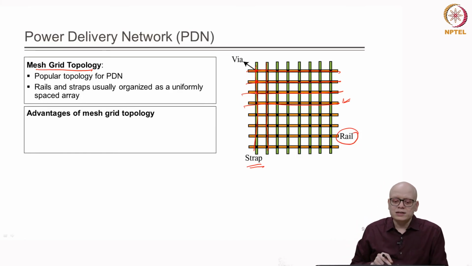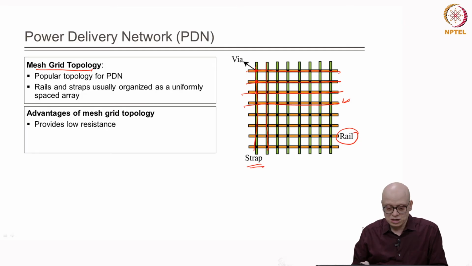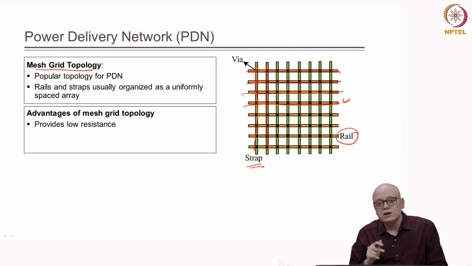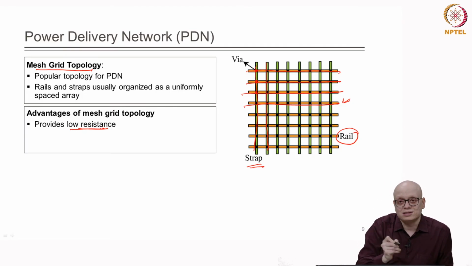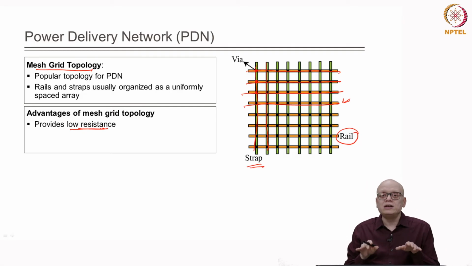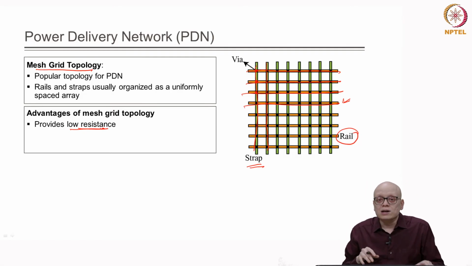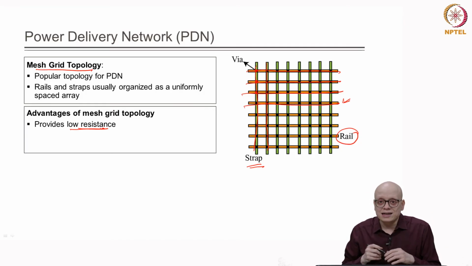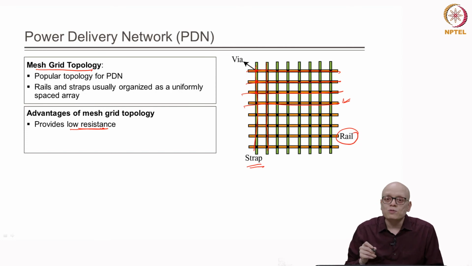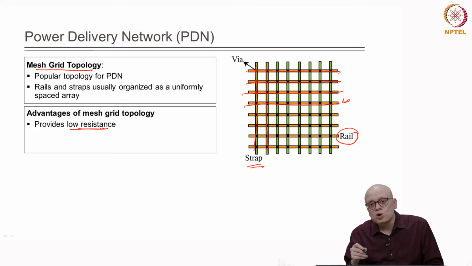Now, what are the advantages of mesh grid topology? The first advantage is that it offers low resistance. We want that the power delivery network does not lead to a large voltage drop from the source to the end cell or the logic gate, and therefore, we want the resistance to be low. So, grid type networks offer low resistance.